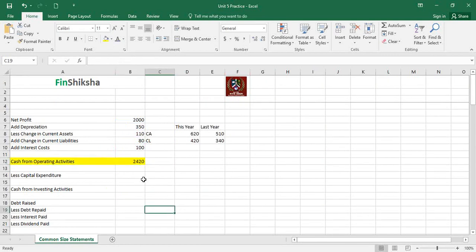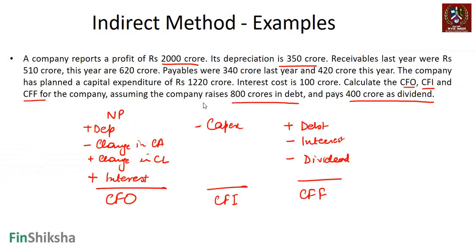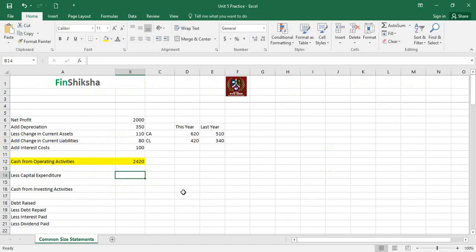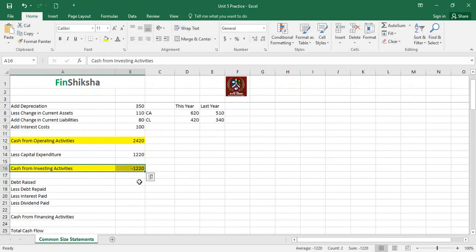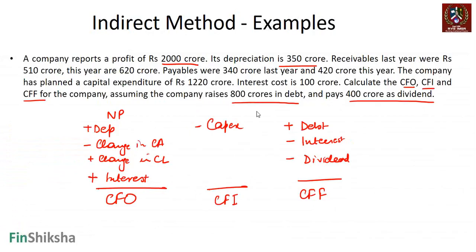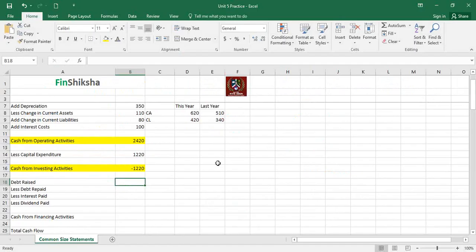And that gives me my number, cash from operating activities. We can highlight it. What is the capital expenditure the company is looking at? 1220. So that's 1220. And I'm going to just subtract it. That's the negative cash from investing activities because money will go out. Correct? What is the debt raised by the company? The company raises 800 crores in debt.